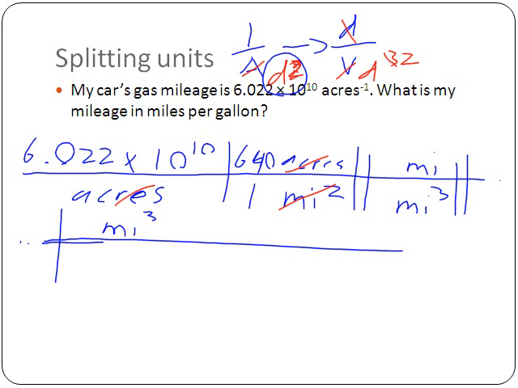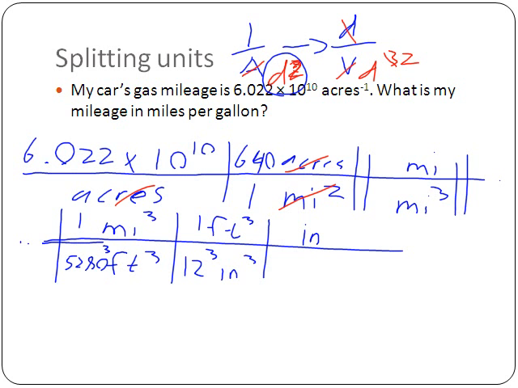So we've got miles cubed to feet cubed. So 1 mile cubed is 5,280 cubed feet cubed. Then we want to go from feet cubed to inches cubed, which is 12 cubed inches cubed in 1 foot cubed. Then we want to go from inches cubed to centimeters cubed.